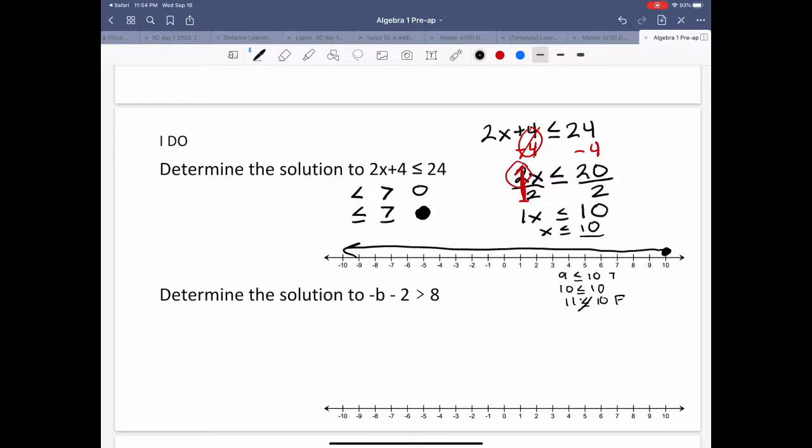So again, inverse operations. The first step was the additive inverse. Then we're going to do the multiplicative inverse. And then finally, draw out your number line.